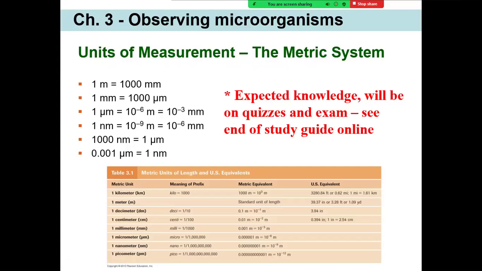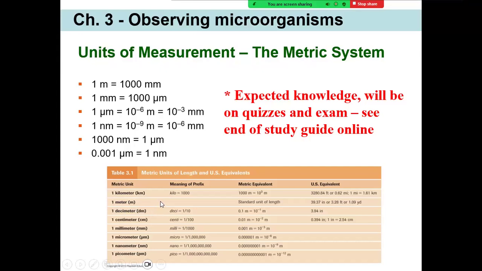Now in metrics, you just switch the base unit. There's a meter for length, a gram for weight, or mass, and a liter for volume.